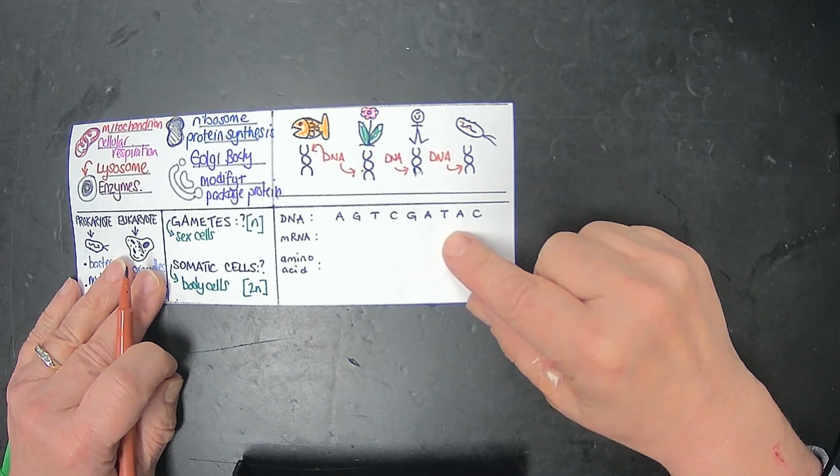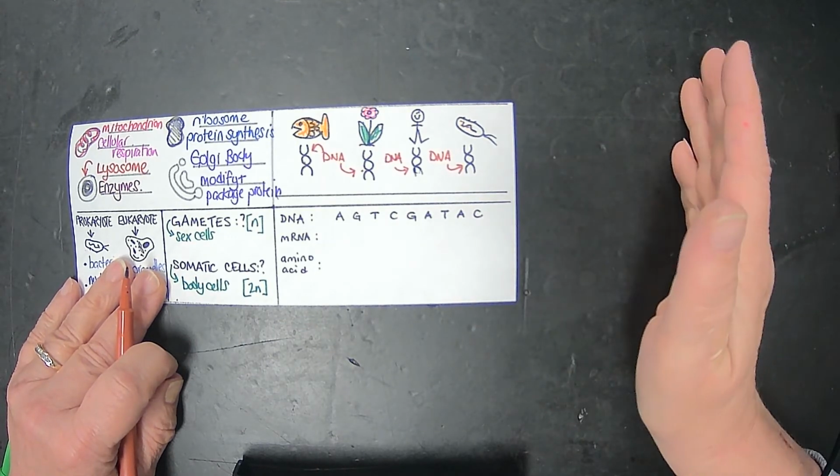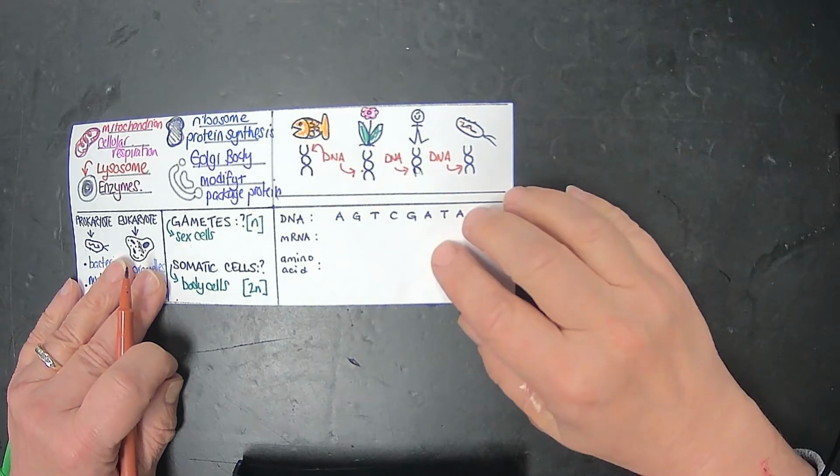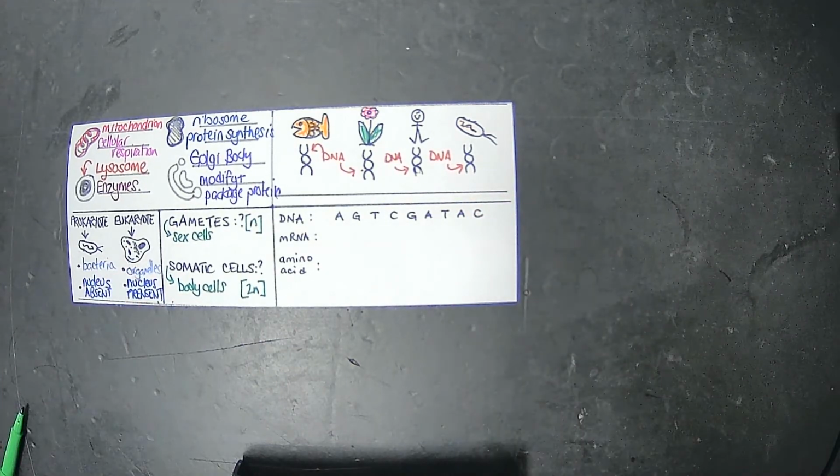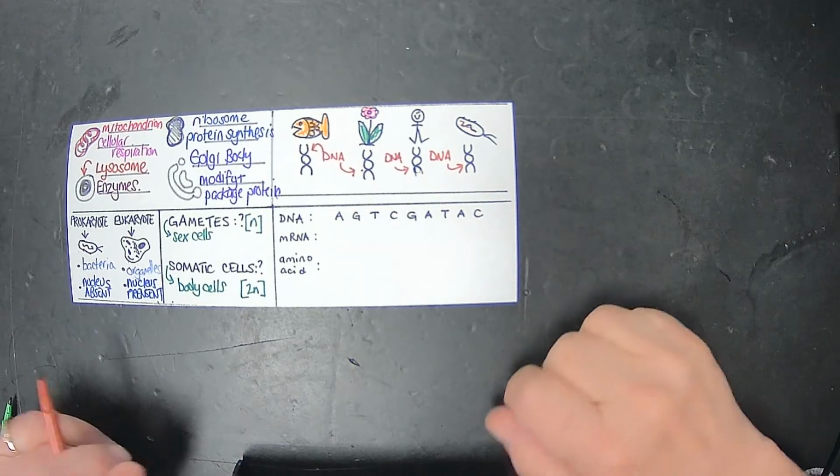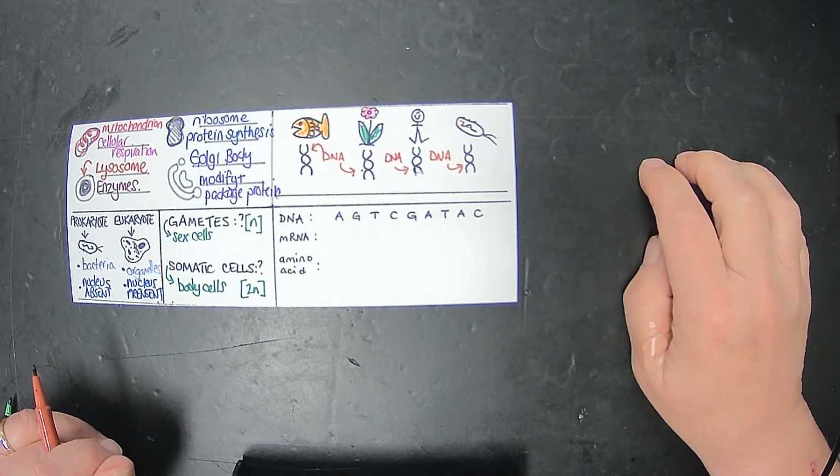And when they open up and we do protein synthesis, that DNA codes for mRNA, and on the mRNA, 3 bases is a codon, and we use the codon chart, and that tells us which amino acid it is.